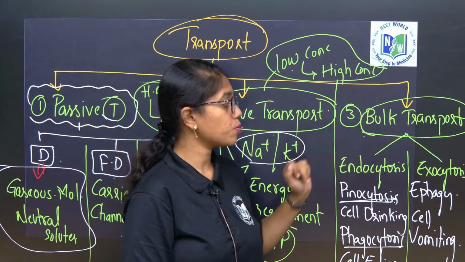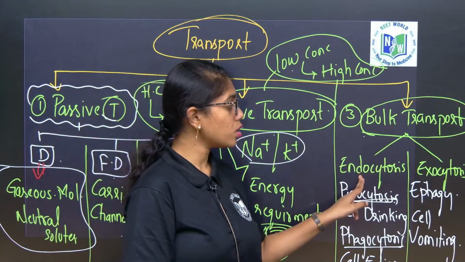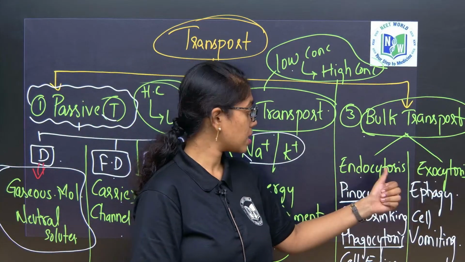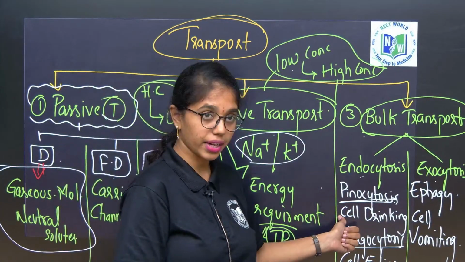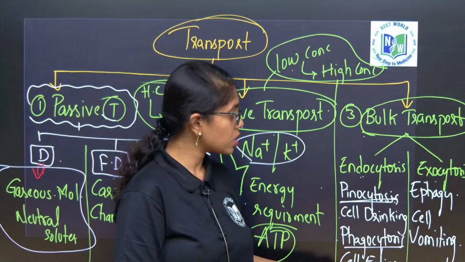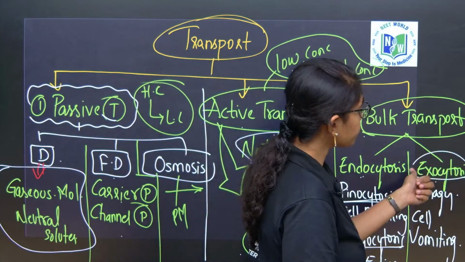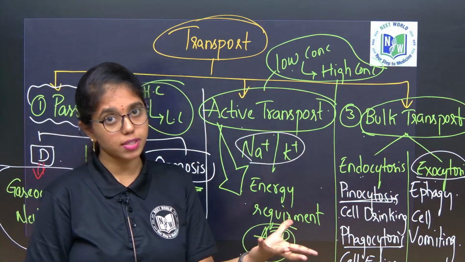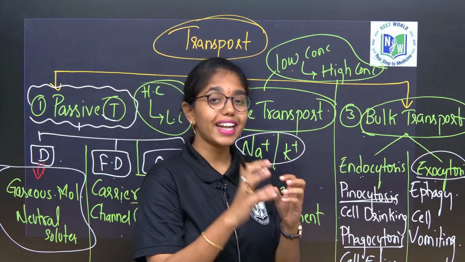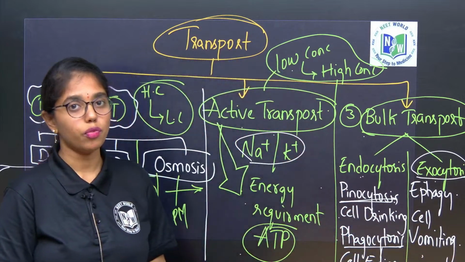The third mode of transport is bulk transport, which can be of two types, endocytosis and exocytosis. In endocytosis, the best examples are pinocytosis, which is cell drinking, and phagocytosis, which is cell eating. Exocytosis, also called effagy, eliminates toxin molecules or dead constituents in the cell. This is also called cell vomiting.